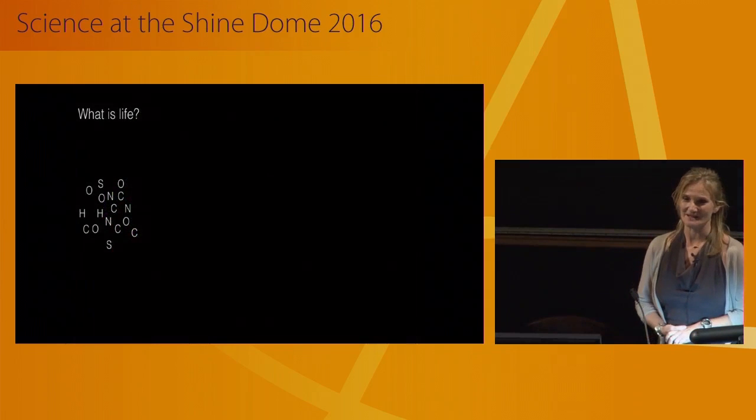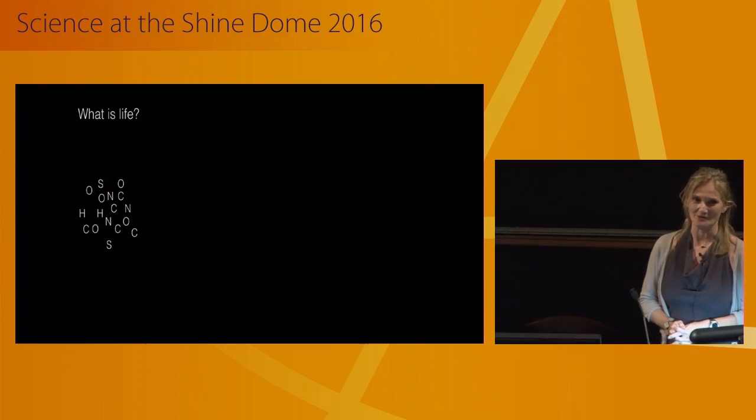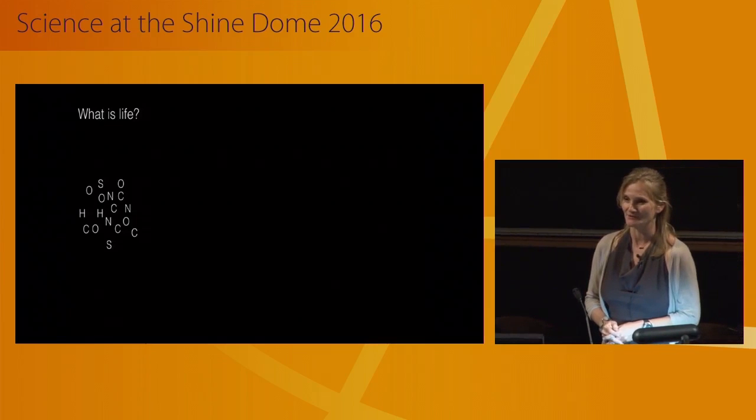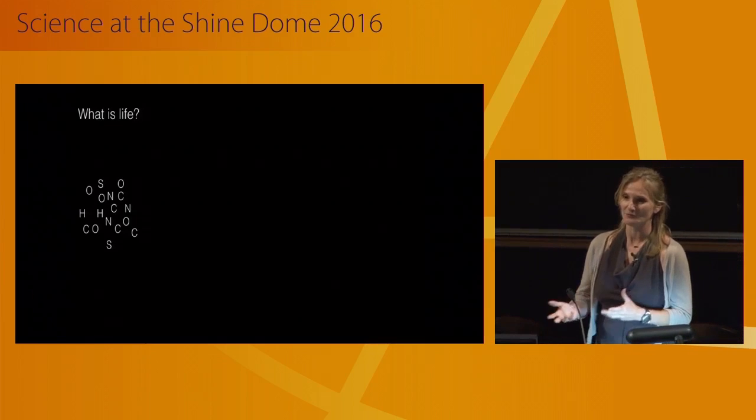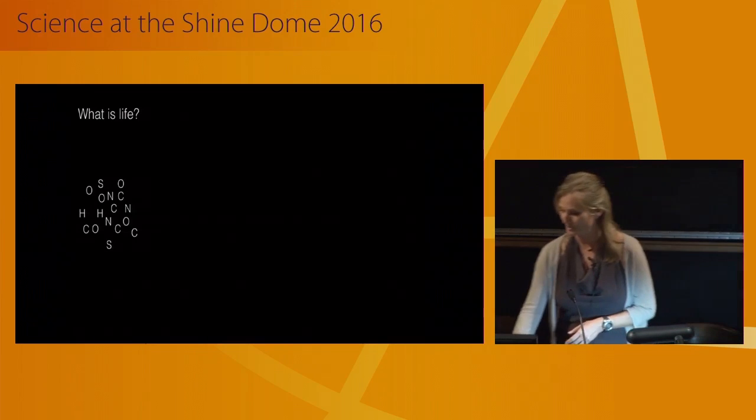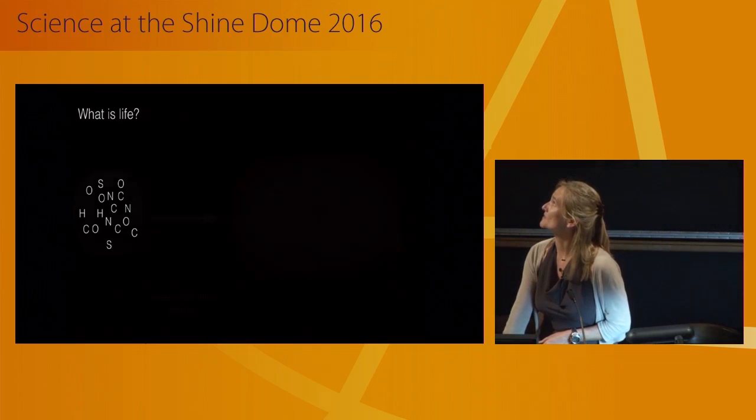But first, let's start with the most fundamental question of biology. What is life? And I think the most basic answer is that it creates order from disorder and then proliferates. And as you all know, this costs energy.